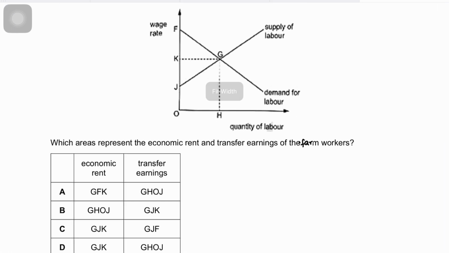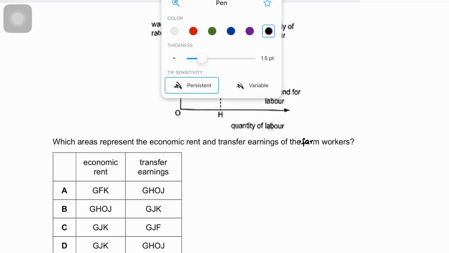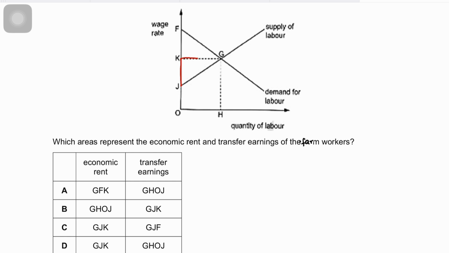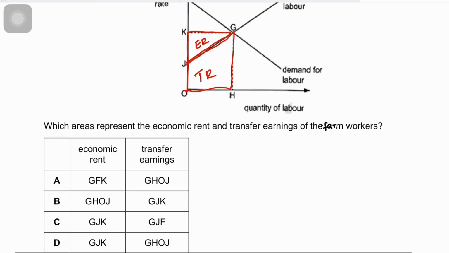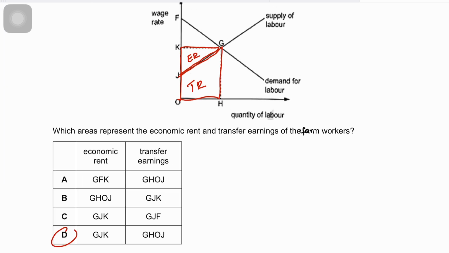And so it follows that this particular area, J, K, and G, is your economic rent, while this particular area, O, J, H, K, is your transfer earnings, right? That is GHOJ. The total reward to the factor input would be the sum of the transfer earnings and economic rent. And so option D should be the correct answer.